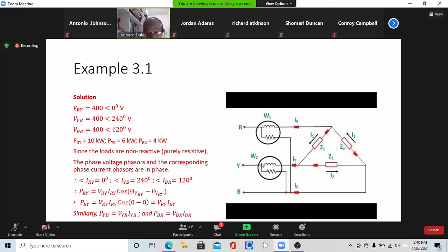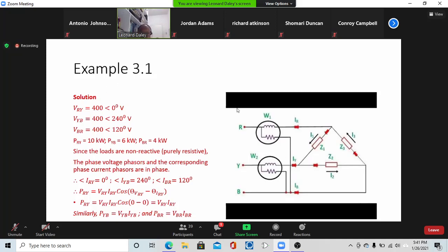Y is at the higher polarity, B at the lower polarity. So we need VYB, but we know that already because we have defined that from before based on our phase sequence. So we have defined certain voltages already, VRY, VYB, and VBR. Now, watt meter 1 said we need also VRB. So we need to bear that in mind.